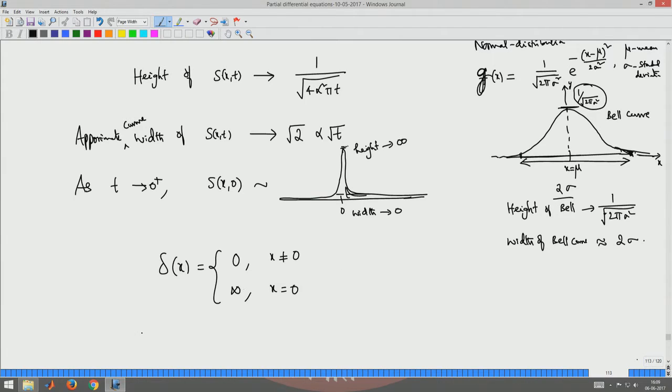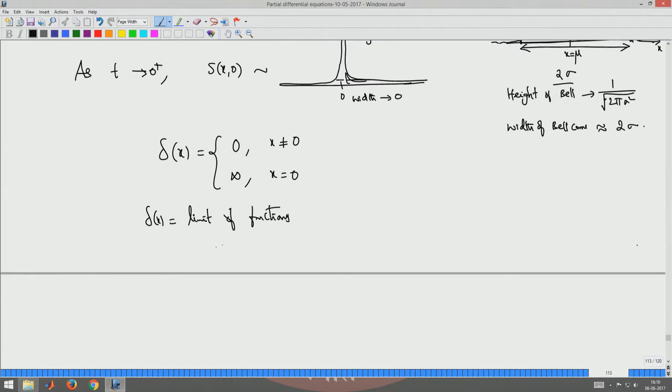So, if you think of delta x as a limit of usual functions, that is why it is called a generalized function, which you see as a limit of usual functions.